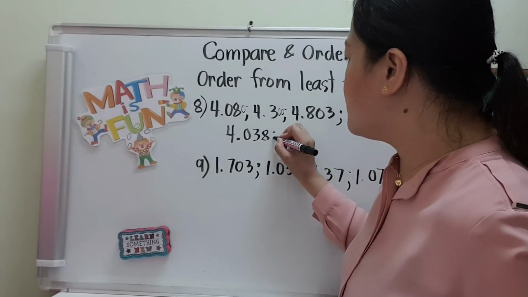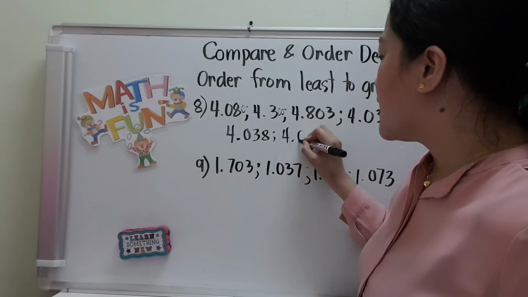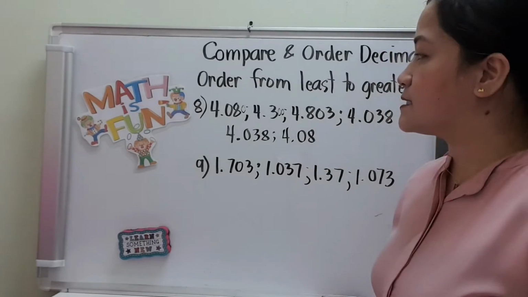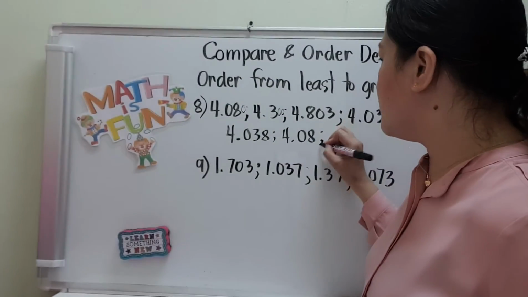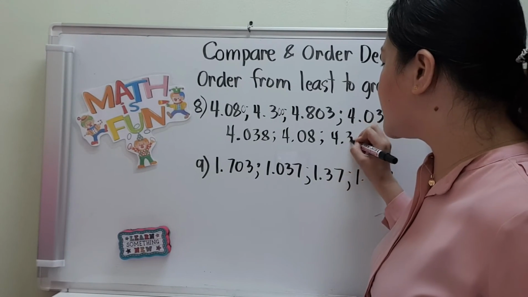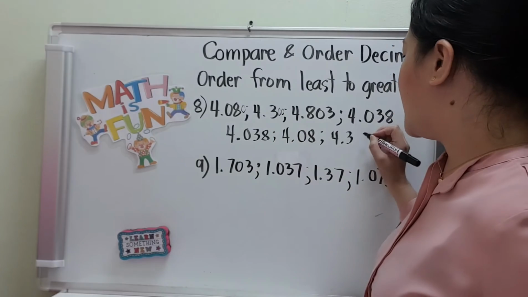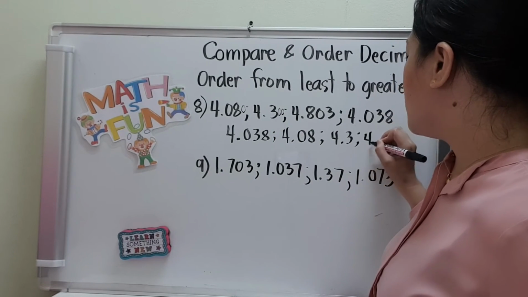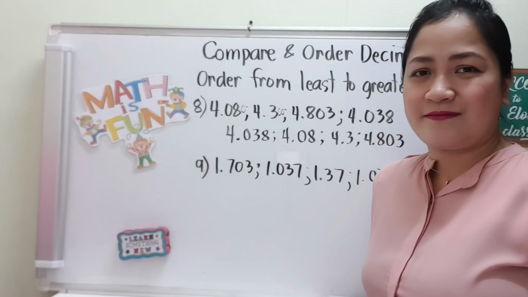That will be followed by 4 and 8 hundredths, or 4 and 80 thousandths, followed by 4 and 3 tenths, or 4 and 300 thousandths. And the greatest number will be 4 and 803 thousandths.